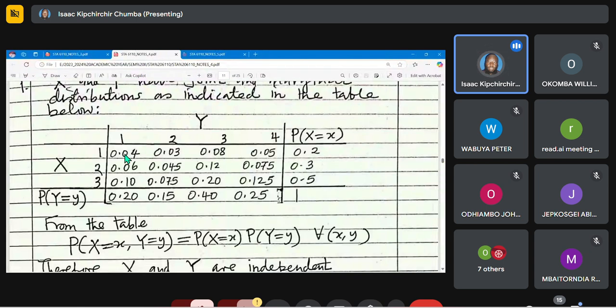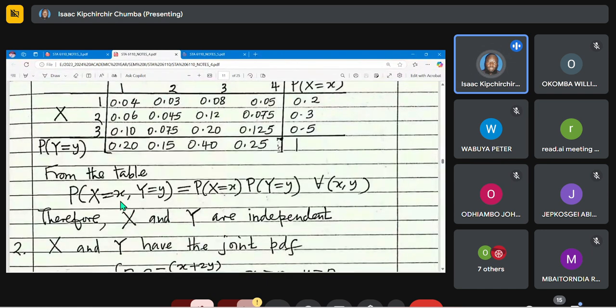If you take this one, 0.04 is a product of 0.2 and 0.2. If you check here, 0.125 is a product of 0.25 and 0.5. If you take here 0.12, it's a product of 0.4 and 0.3, and so on for all of them. That's what I'm saying.